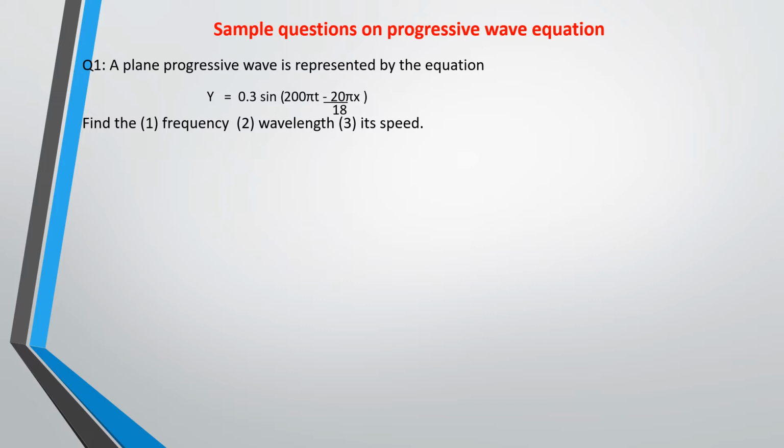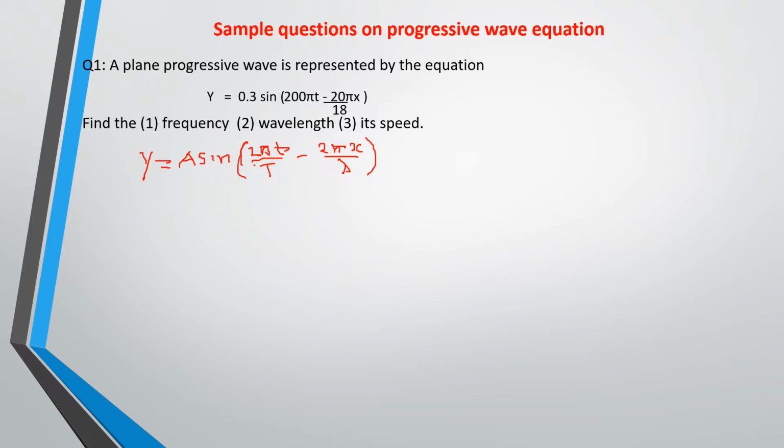The progressive wave equation is written as y equals A sine (2 pi t all over capital T, which is the period, minus 2 pi x all over lambda), all in brackets.